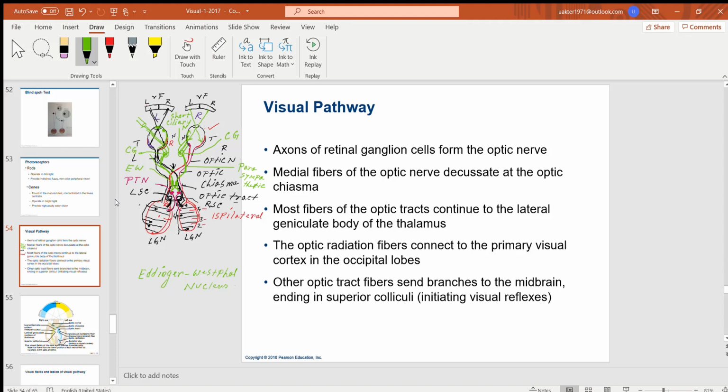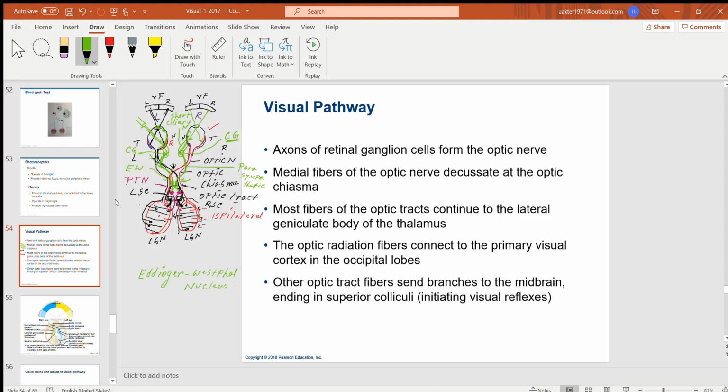And from the lateral geniculate nucleus it will enter into the pretectal nucleus, and then from there it will go to the same side as well as the opposite side Edinger-Westphal nucleus, right? And from these two Edinger-Westphal nuclei, they will go to the respective side ciliary ganglion, and from the ciliary ganglion the short ciliary nerves will go to the ciliary body muscle and the iris, those two muscles.